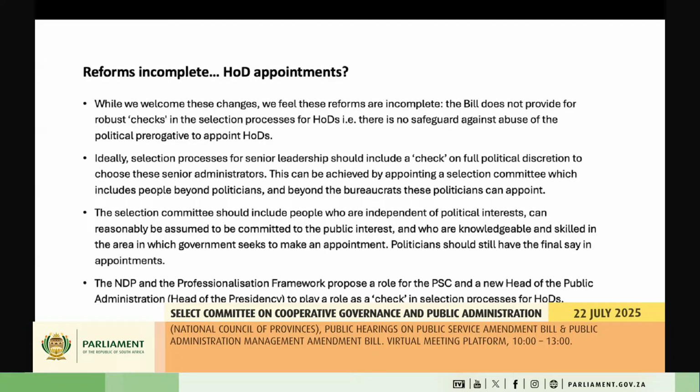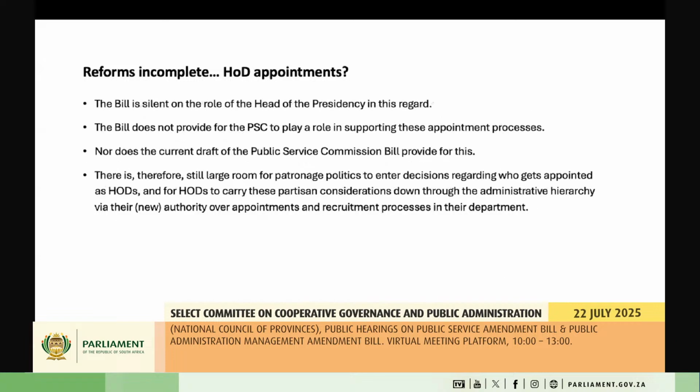And the NDP and the professionalisation framework tackle this issue, and they've proposed a role for the Public Service Commission and a new head of the administration, the DG in the presidency, to play a role as a check in selection processes. But the bill is silent on this particular role. It does establish the head of the presidency, the head of the public service, formally, but it doesn't give a role to that office in respect of supporting appointment processes and performance management of HODs.